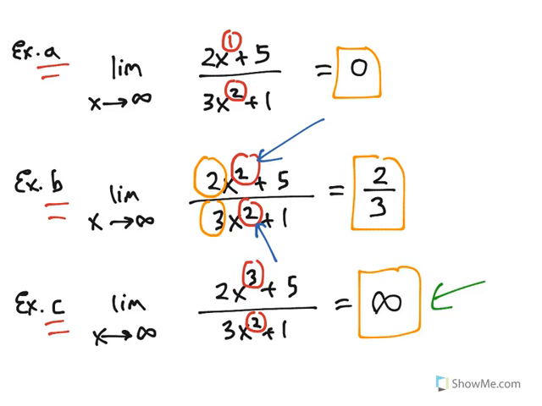For this third one here, we will just say the limit does not exist. For this particular problem, it would fail to exist in this particular manner because the leading coefficients have the same sign. If they had opposite signs, then this would be negative infinity.